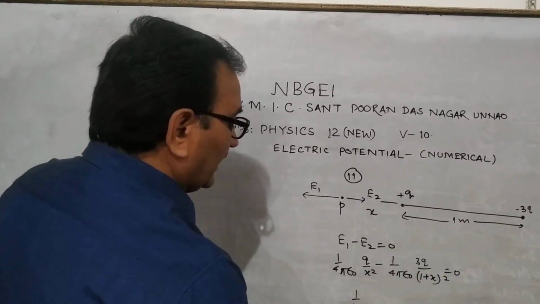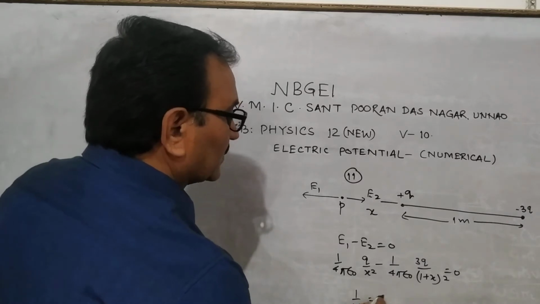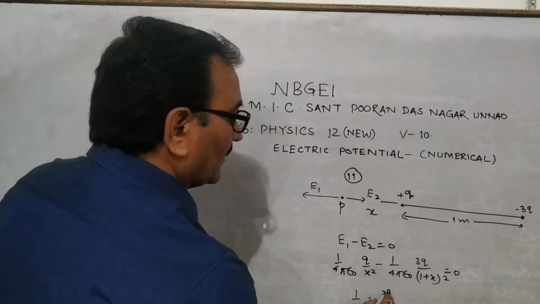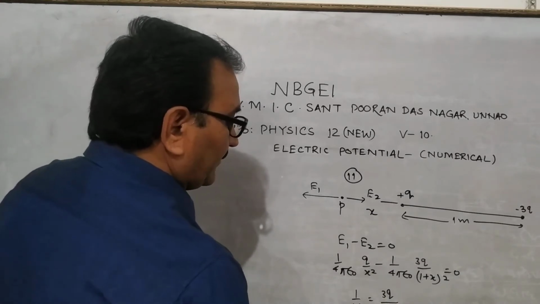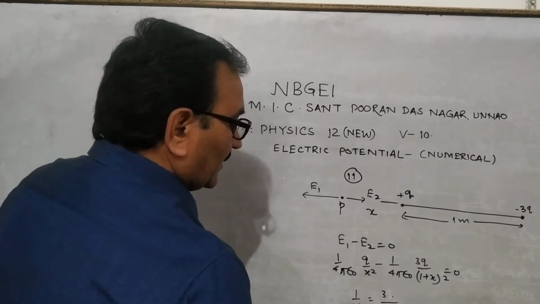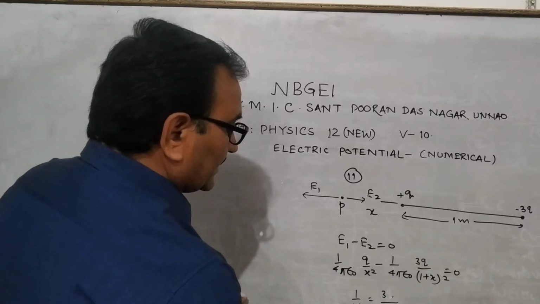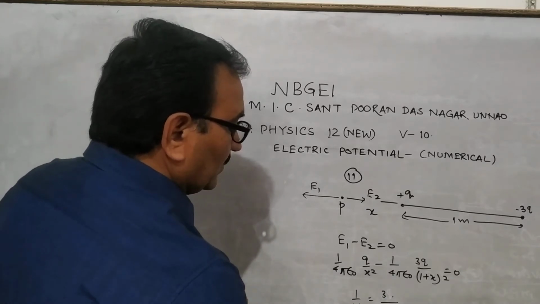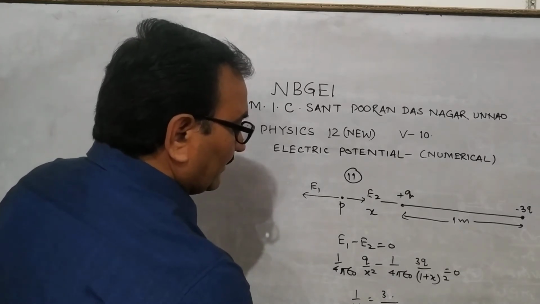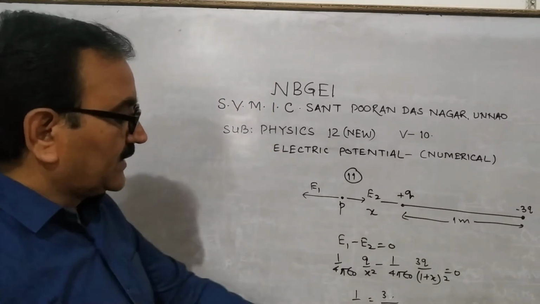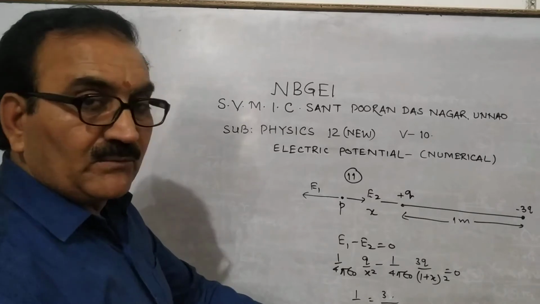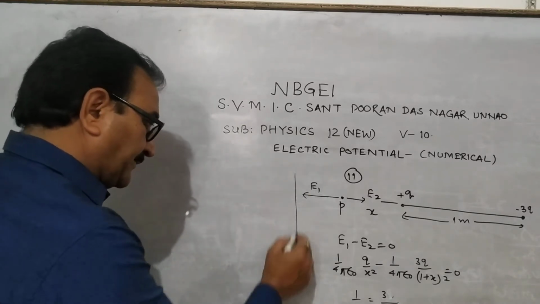So you have 1 upon x square is equal to 3 upon (1 plus x) whole square. Take square root on both sides. So 1 upon x is equal to under root 3 upon 1 plus x. After solving, you calculate the value of x.